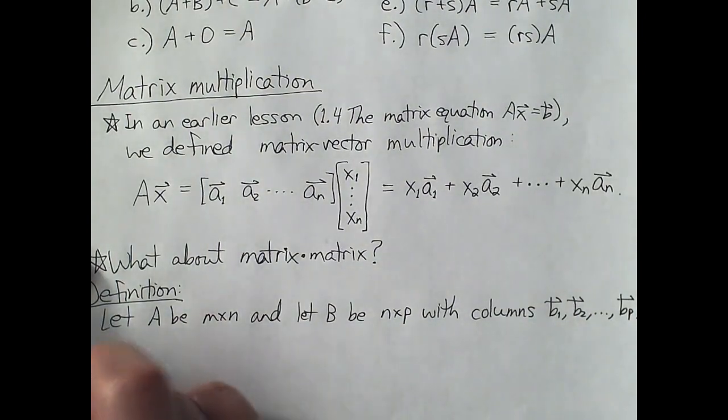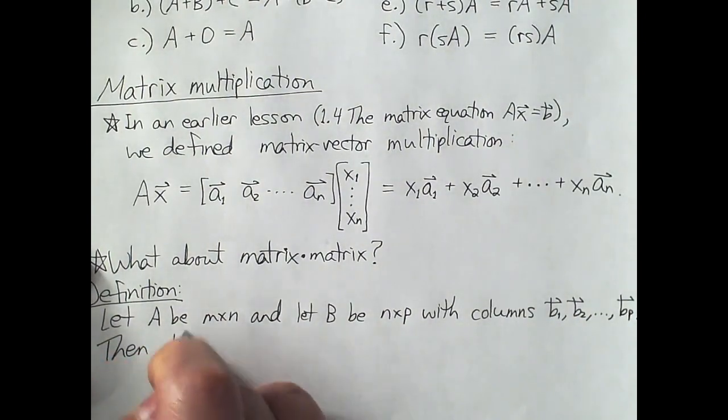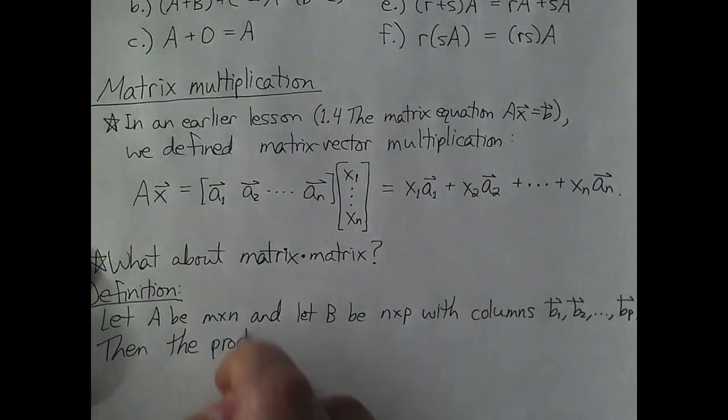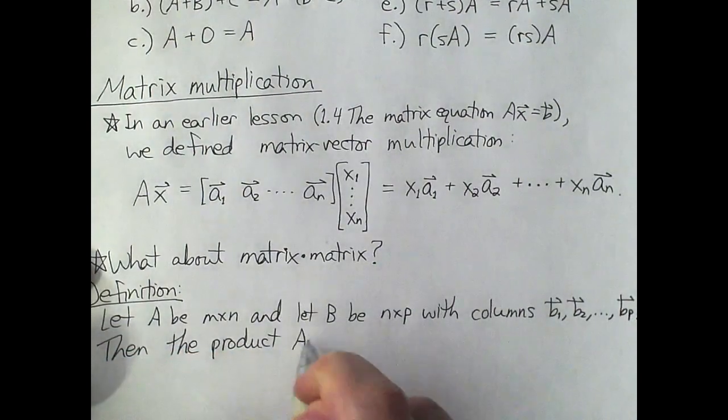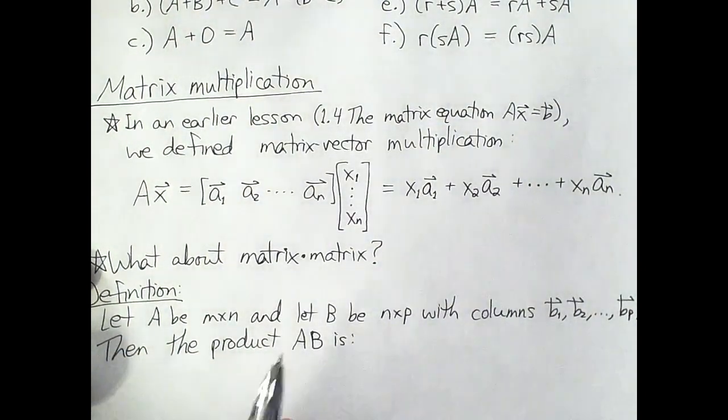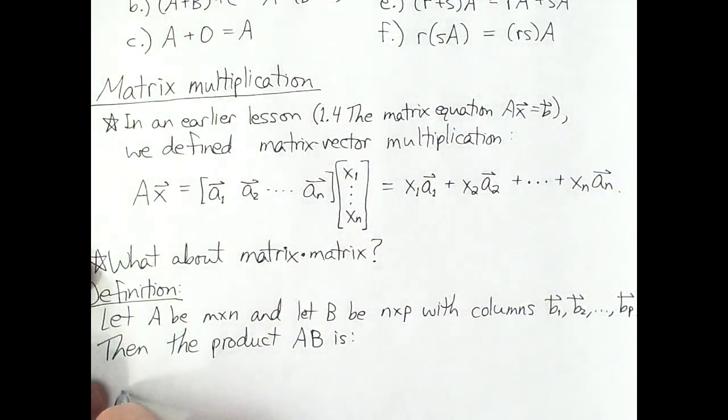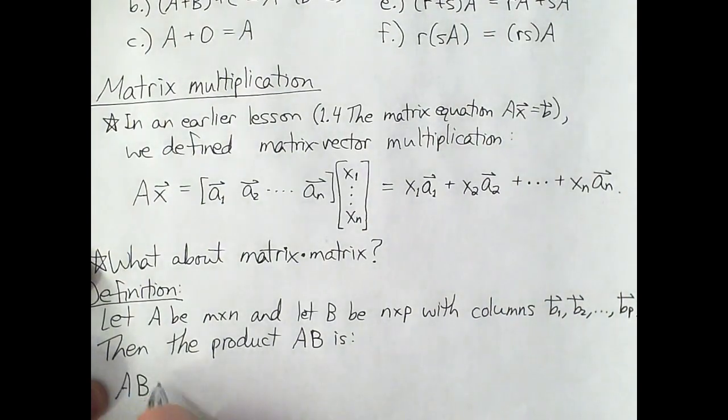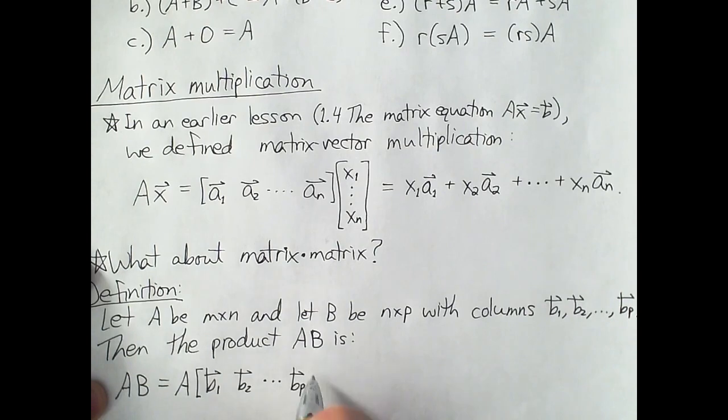Anyway, then the product AB is defined. This is what we've wanted, a matrix times a matrix. We could think of it as A times B1, B2, all the way up to BP.